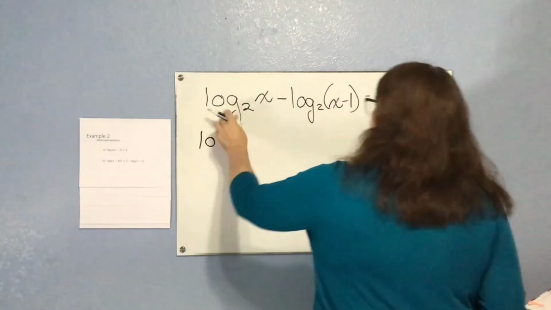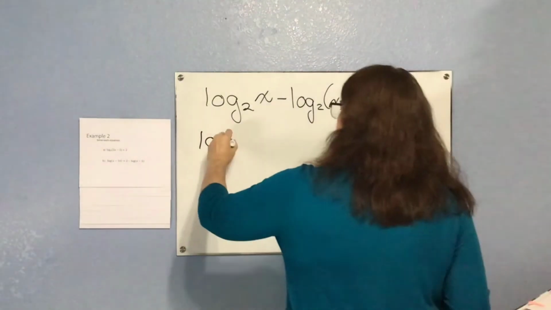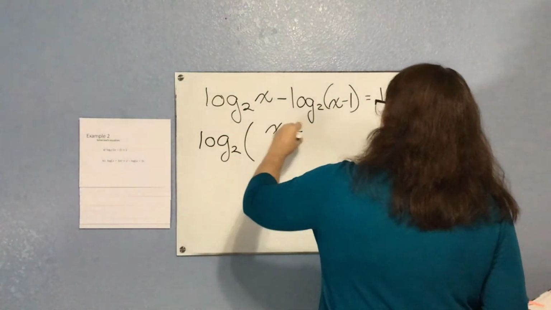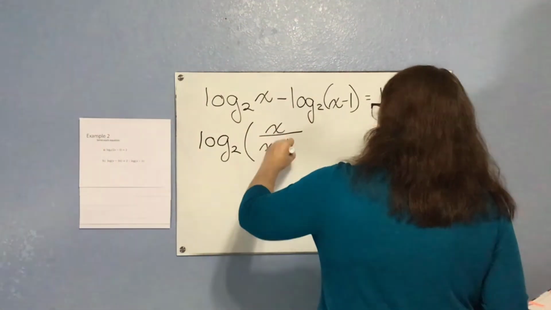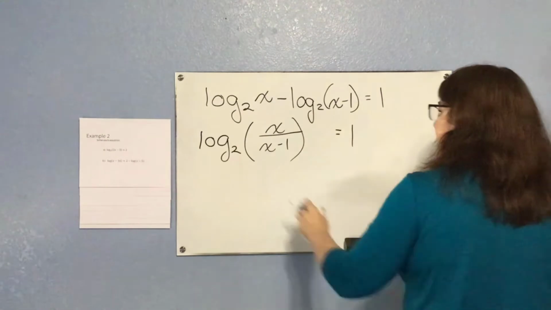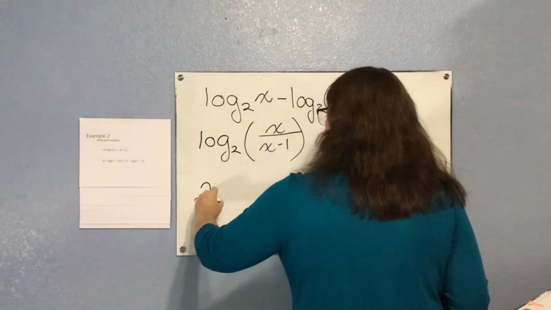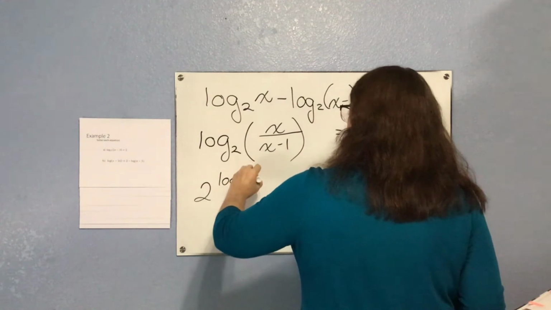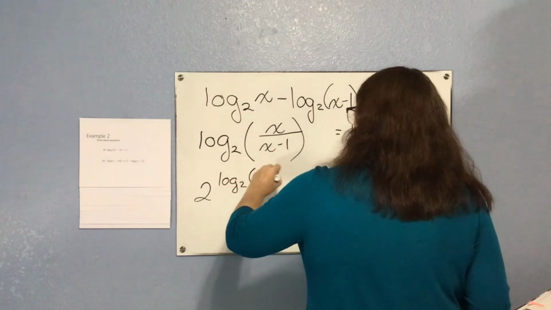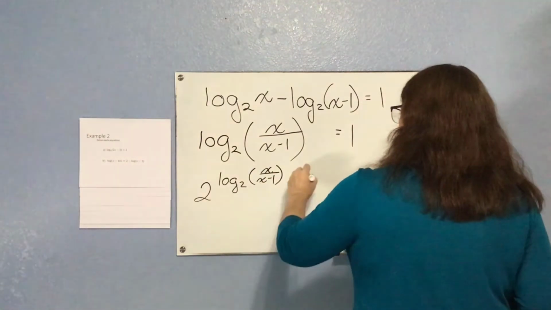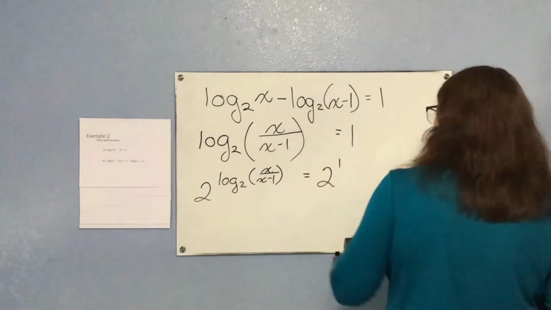We'll rewrite this part as one logarithm, x over x minus 1, and then use 2 as a base. So I have 2 to the log base 2 of x over x minus 1 equals 2 to the first power.